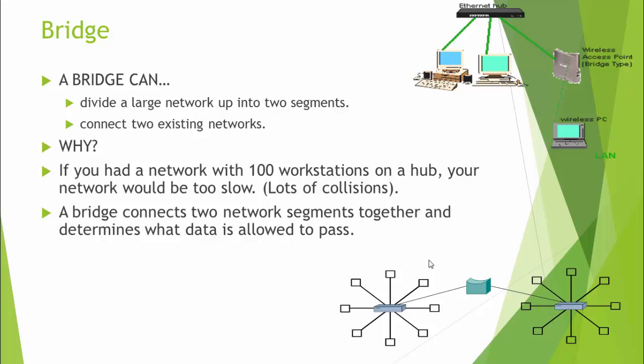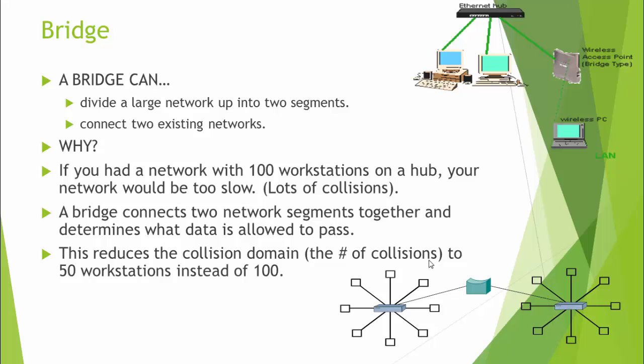You get lots and lots of collisions, lots of confusion. What a bridge can do is connect 2 network segments together and decide which data needs to go to which segment of the network. And it reduces the number of collisions appropriately.